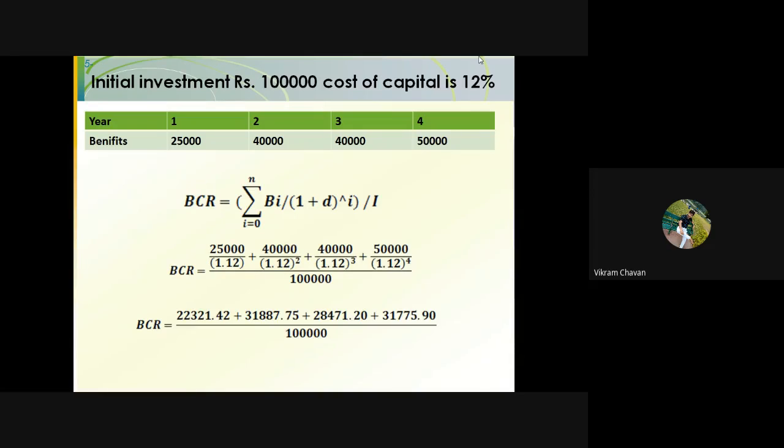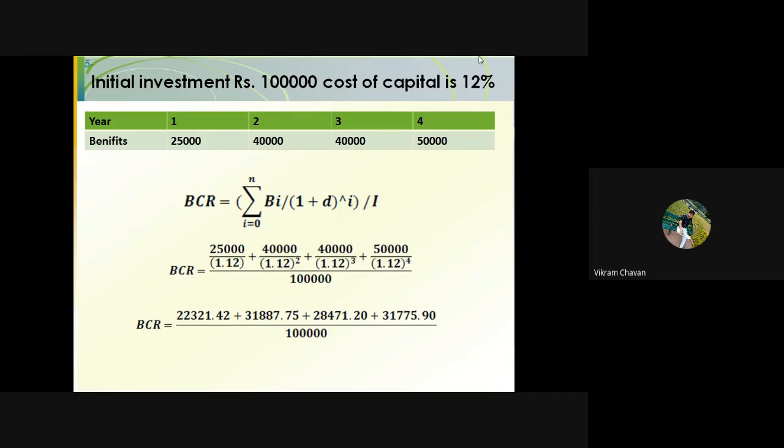Then for the third year also 40,000, and for the fourth year 50,000. Here we have to calculate the BCR, and decide whether the project should be accepted or rejected on the basis of BCR.